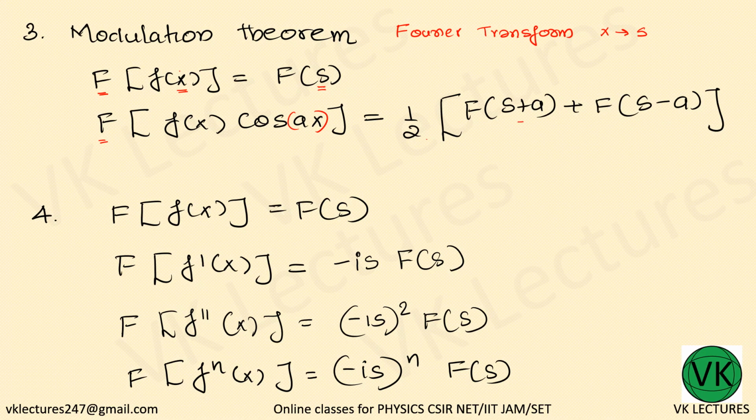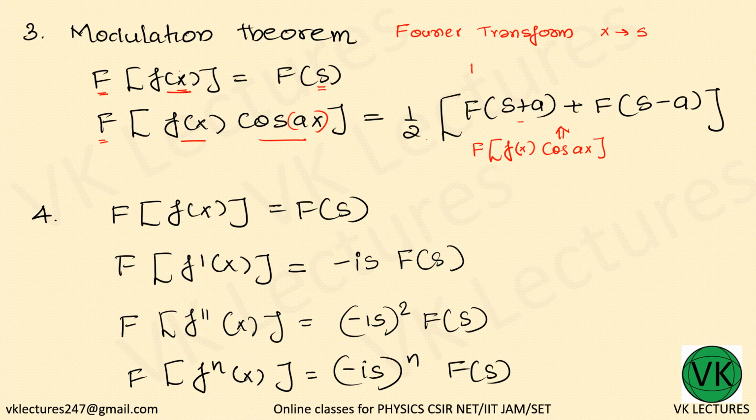Now what is F of s? This is the Fourier transform of the function f of x alone. Now what will be the Fourier transform of f of x into cos ax? This will be equal to half times F of s changed to F of s plus a plus F of s minus a. Together you will get the Fourier transform of the function f of x into cos ax.